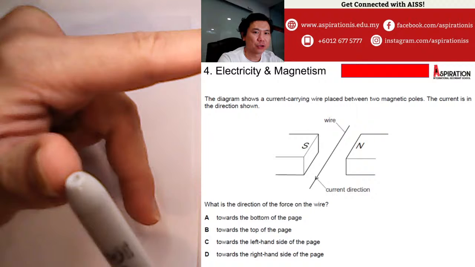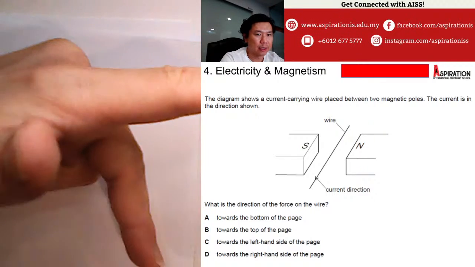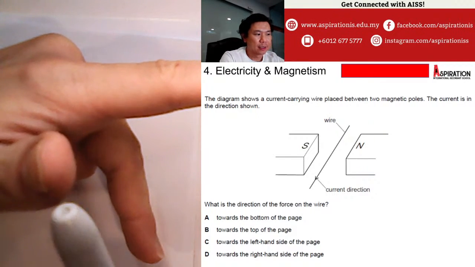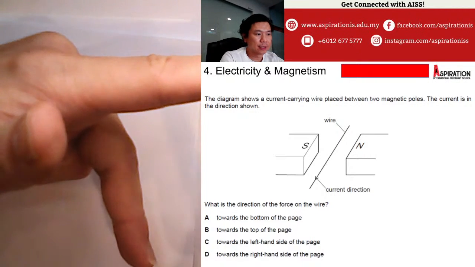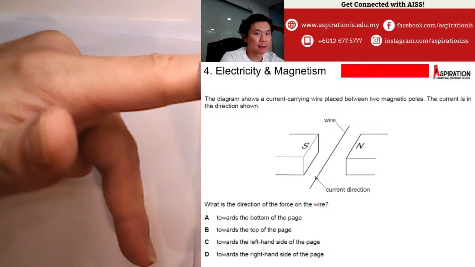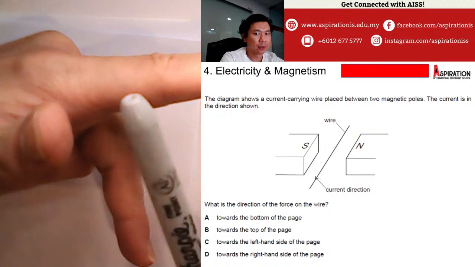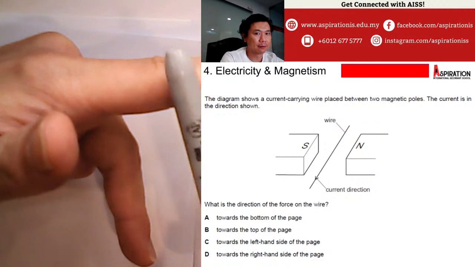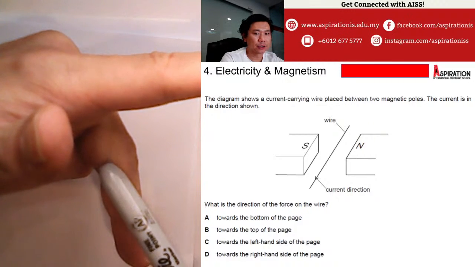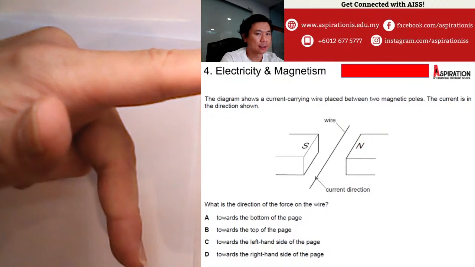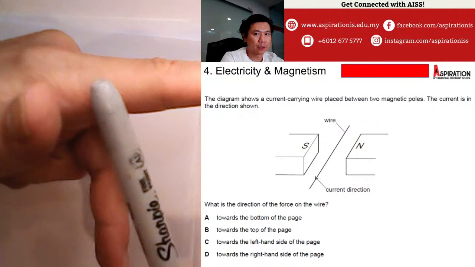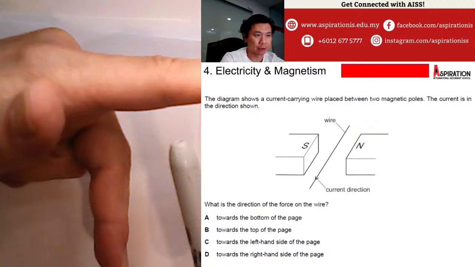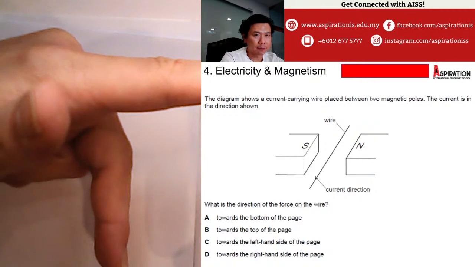Your thumb represents the induced force. The index finger represents the magnetic field. So this is north and this is south. And this is the direction of the current. So this is north and south, and automatically you know that I'm pointing in the wrong direction. So my index finger needs to point the other way.